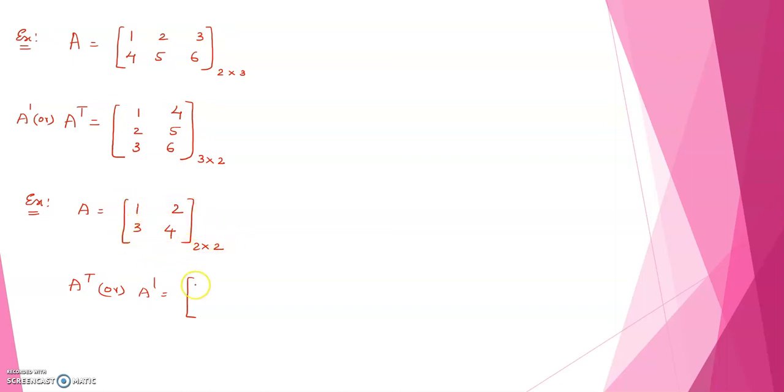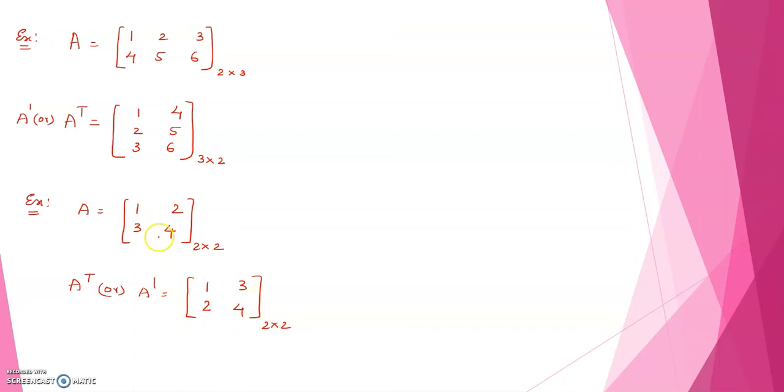So we will write the first row as the first column and the second row as the second column. So this is called the transpose of a matrix. Since this is a square matrix of 2 rows and 2 columns, the transpose will also be of the same order.